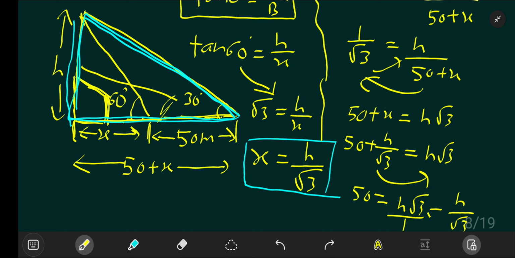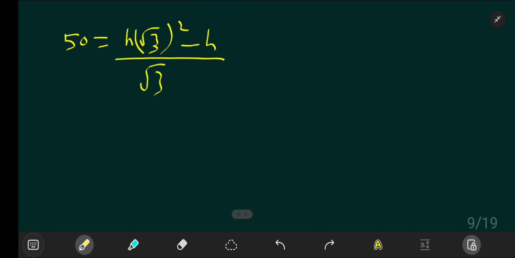Root 3 into root 3, root 3 whole square, in the sense the square root gets cancelled, that is 3. So 3h minus h by root 3 is equal to 50. Now 3h minus h is 2h.